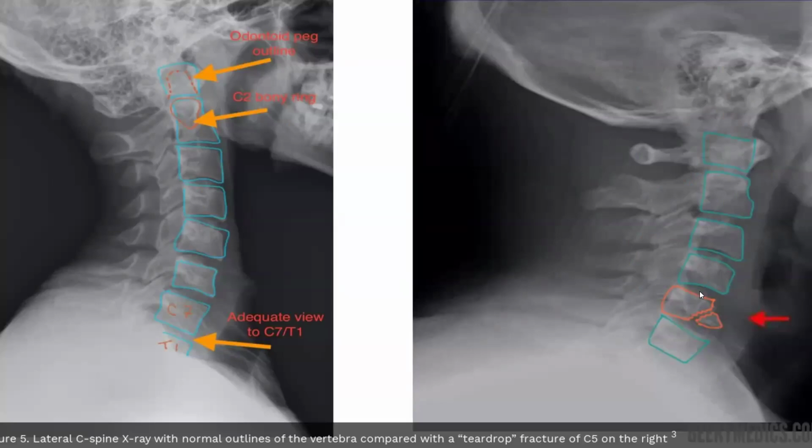C5. You should say teardrop, C5 vertebral body. You can say I can see avulsion of the anterior inferior cortical corner. How many corners? Four. Easy now, how to catch the finding, how to catch the diagnosis. Yes, sir. Okay.